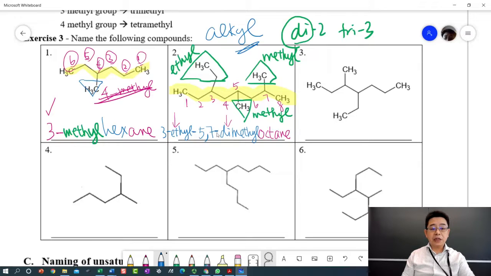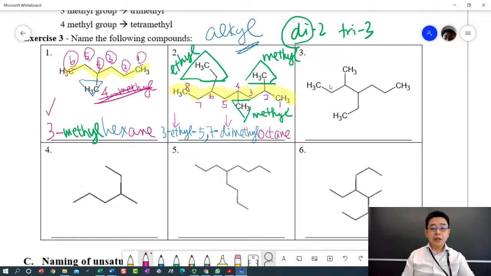Because I can count from the opposite direction, right? So let's find out what happens if I count it from the opposite direction. So I put the number again there. It will be 1 here. 1, 2, 3, 4, 5, 6, 7, 8.